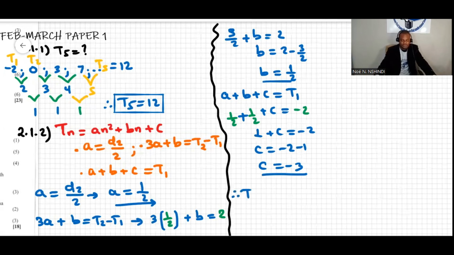Therefore, Tn will be equal to a n squared. a is 1/2, so 1/2 n squared, plus bn, so b is 1/2 n, plus c, c is -3, so -3. This is the Tn formula.